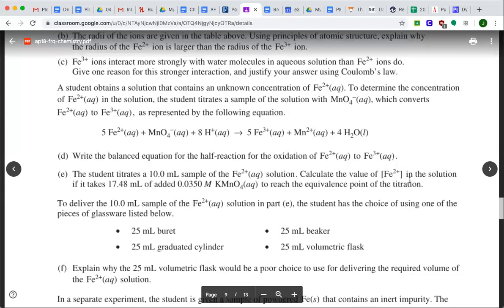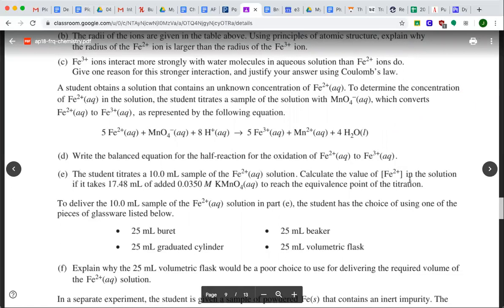I don't know if we're going to see this, but we might. So this is just Fe2+ goes to Fe3+ plus an electron. That's what a half reaction looks like. And this lets me know that I need to do a better job of covering electrochemistry.